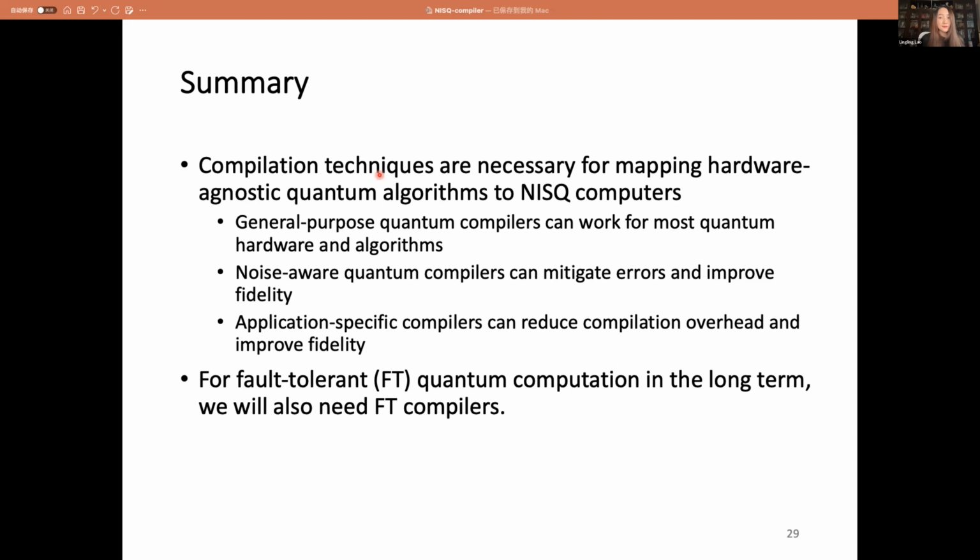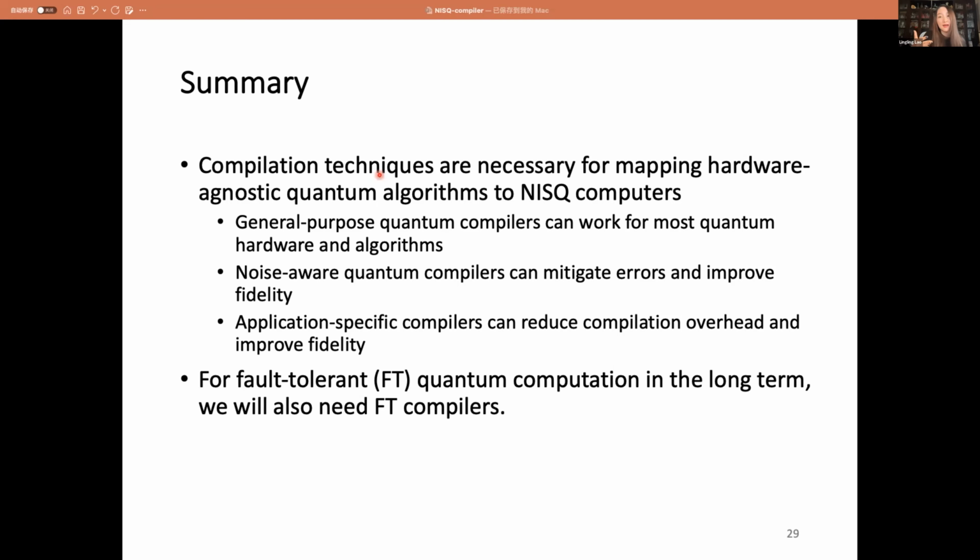And then we also introduced the application-specific compilers. They only target some special applications, but they could exploit the application properties and perform more optimizations to further reduce compilation overhead and improve the application fidelity.